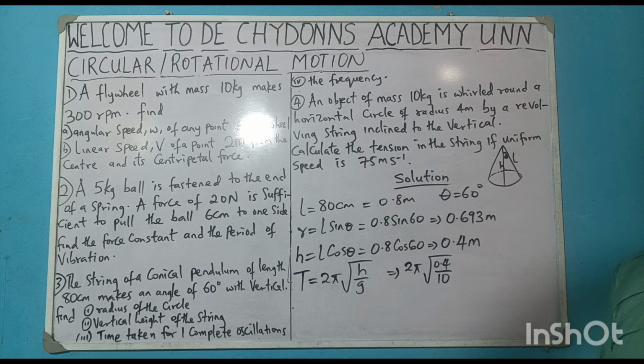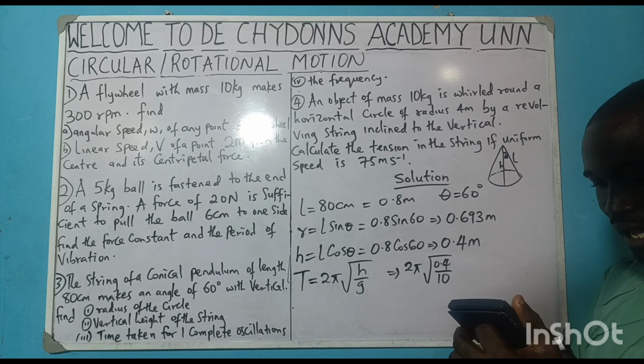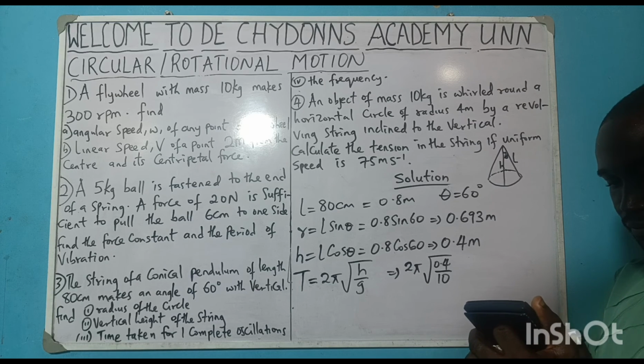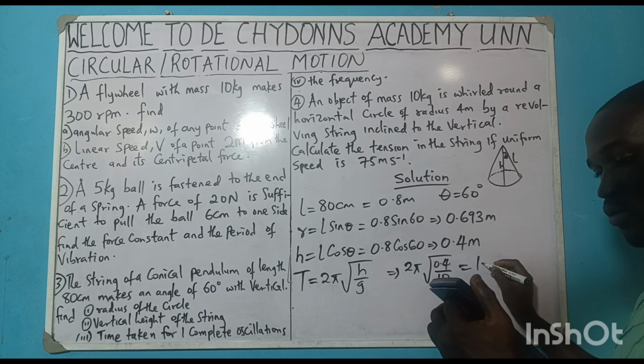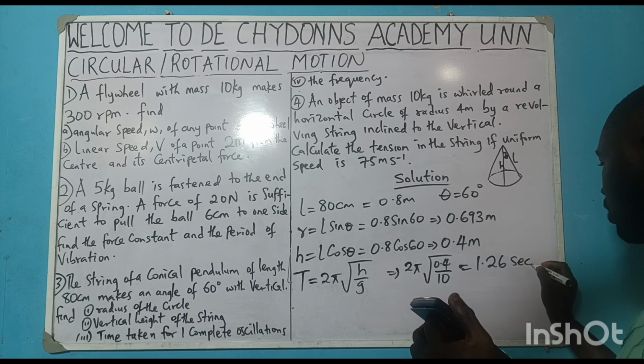Where your g is approximately 10. So 2 shift pi times root bracket 0.04 equals to 1.26 what? Seconds.